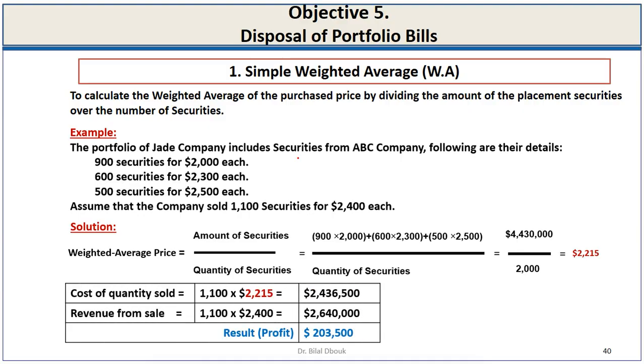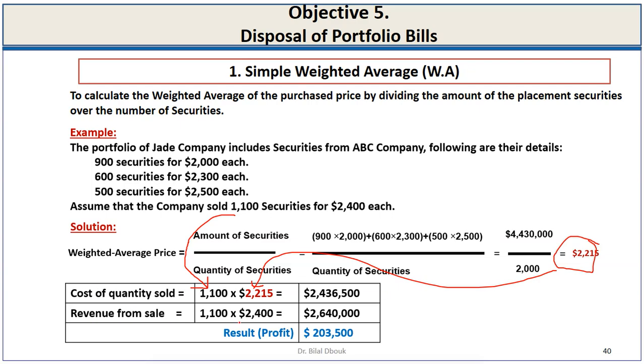So the cost of the quantity sold would be 1,100 securities times the weighted average cost we calculated. We got $2,436,500 as the cost of the quantity sold.